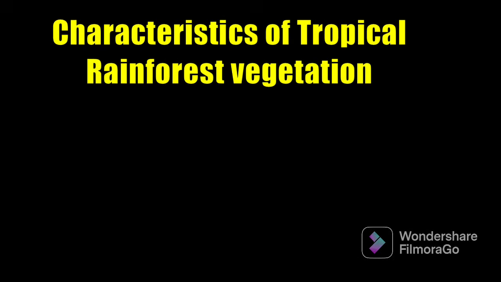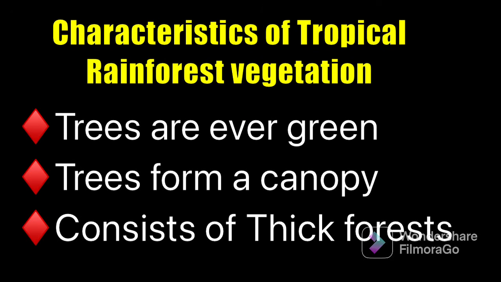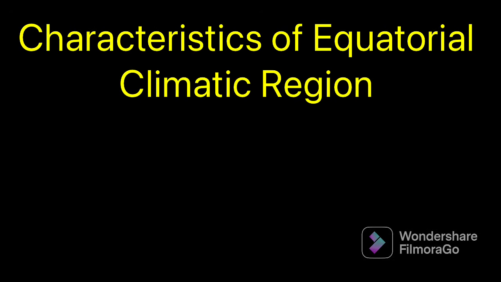State 2 characteristics of tropical rainforest vegetation. Trees are evergreen. Trees form a canopy. The forests are thick. State 2 characteristics of equatorial climatic region.